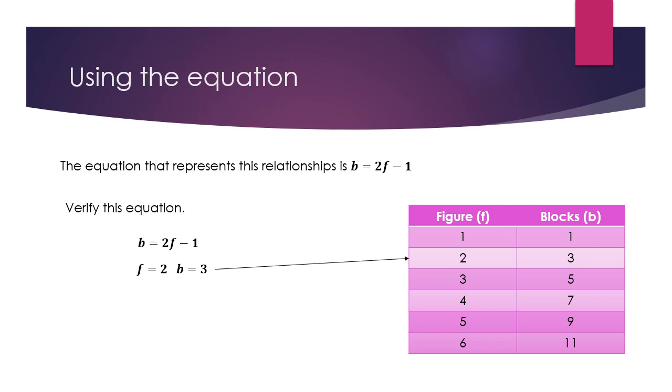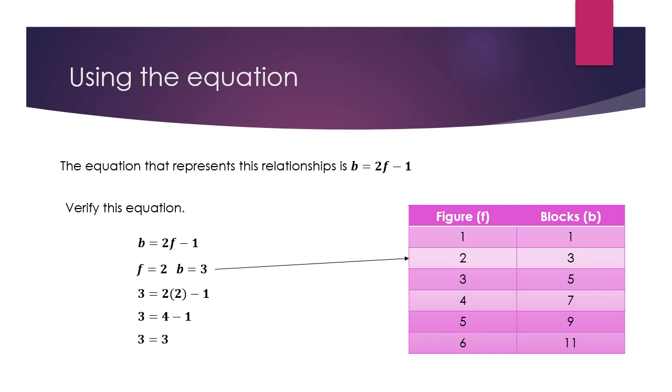And what I'm going to do is I'm going to fill in 2 in the place of F in my equation, and I'm going to fill in 3 in the place of B in my equation. So it looks like 3 instead of B equals 2 times 2 instead of F minus 1. I'm not going to worry about the 3. I'm going to leave him right where he is, but I'm going to simplify everything on the right side. So 2 times 2 is 4, and then 4 minus 1 is 3.